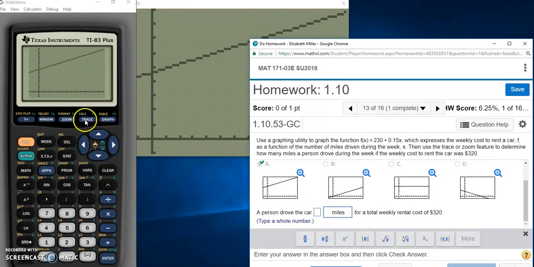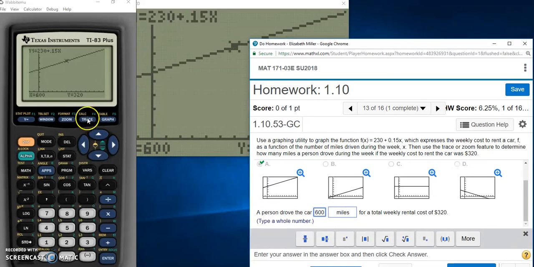So if we use trace, oh look, it went straight to 320. That's funny. If you hit trace, you can move up and down the graph here. And 320 comes out nice and even, so I guess the calculator just started me on 320. So at $320, we must have driven 600 miles.